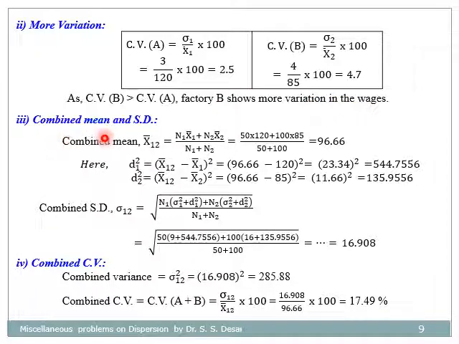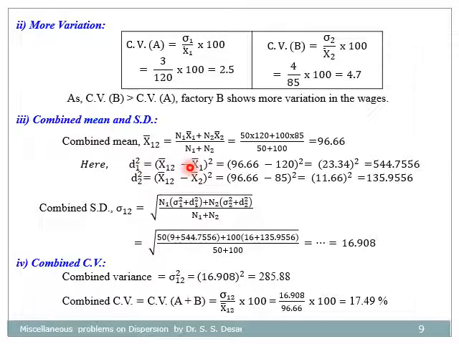Now for combined mean and combined standard deviation, the formula for combined mean is x bar 1 2 is equal to n1 into x1 bar plus n2 into x2 bar divided by n1 plus n2. By substituting the corresponding values and by simplification, it gives us combined mean is equal to 96.66. Now for combined standard deviation, we need the sum of squares of deviations.